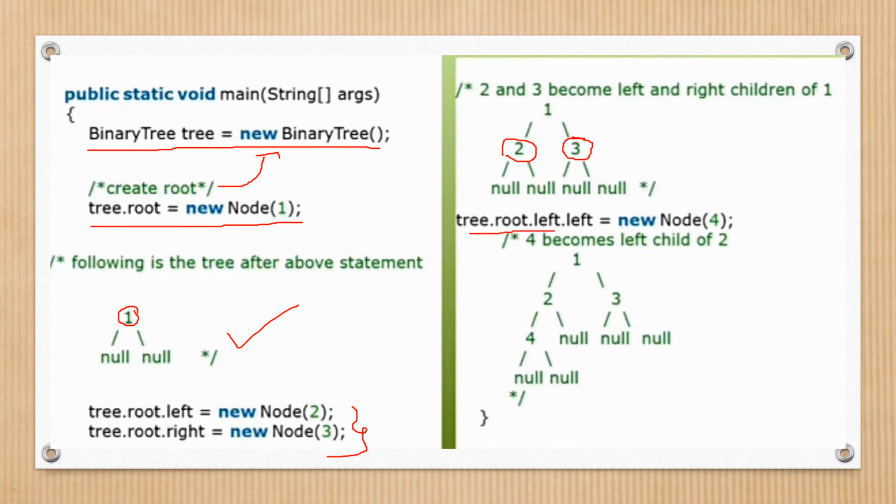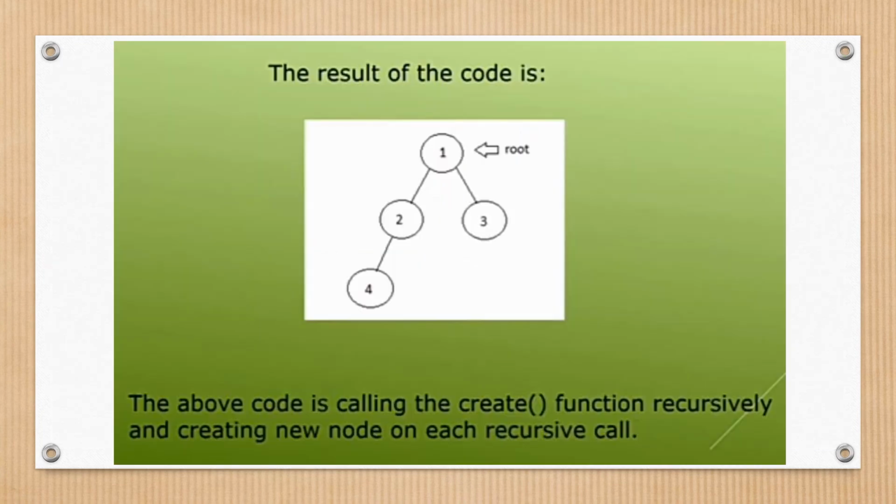After executing this statement, left dot left for 2, we are inserting the left child as 4. In this way the insertion will be done in this binary tree. After creating the binary tree, the result will be like this.